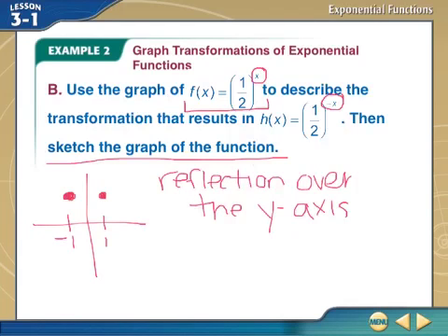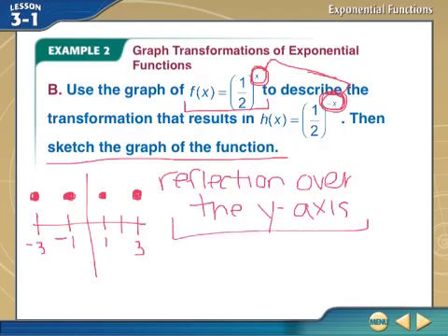Even if x started out negative, let's say somewhere over here, if we started at -3, reflect that across the y-axis, or make it positive, +3 is now over here. So you can see that by changing the sign on your x-coordinates, that reflects those points over the y-axis.